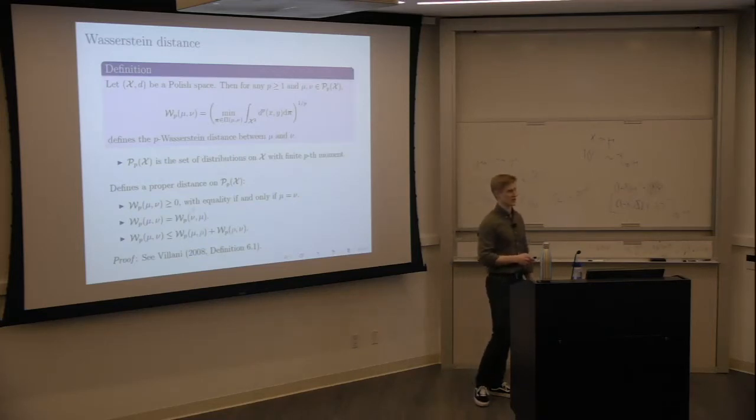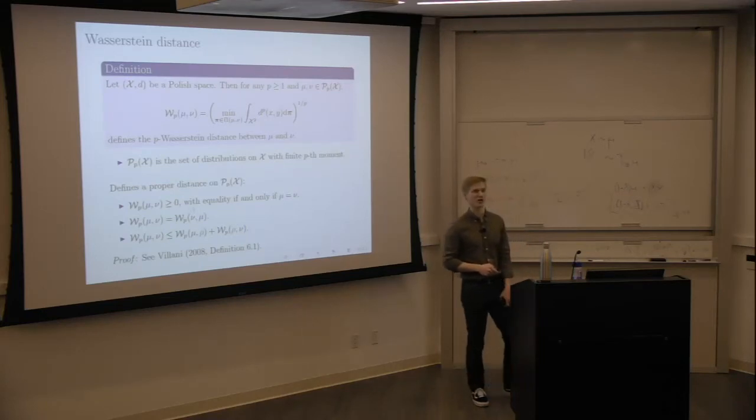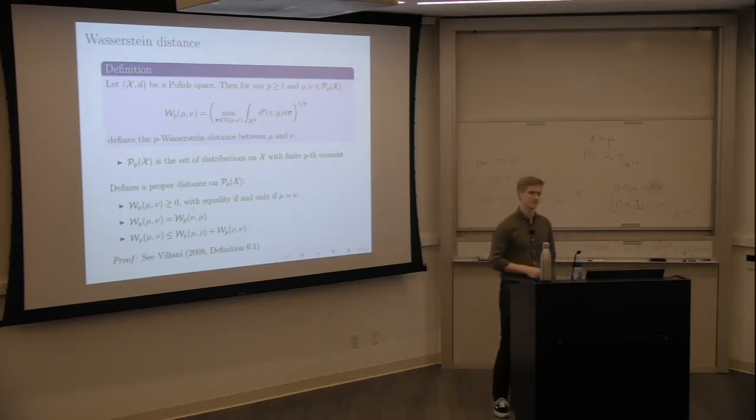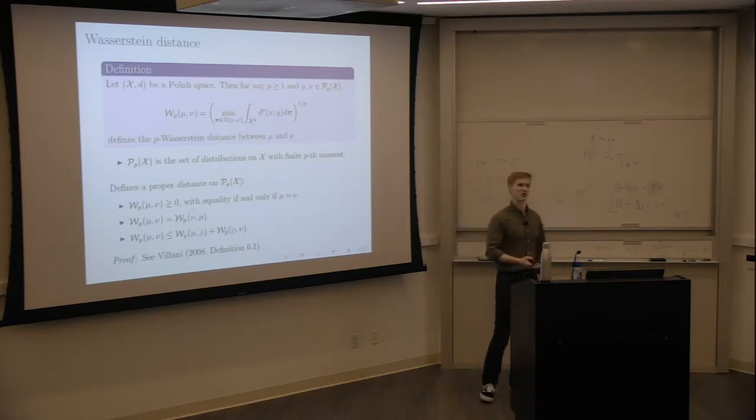So for a general cost, this does not give you a metric. But it does still provide you a natural notion of discrepancy between two distributions if your cost function is meaningful to your problem in some way.